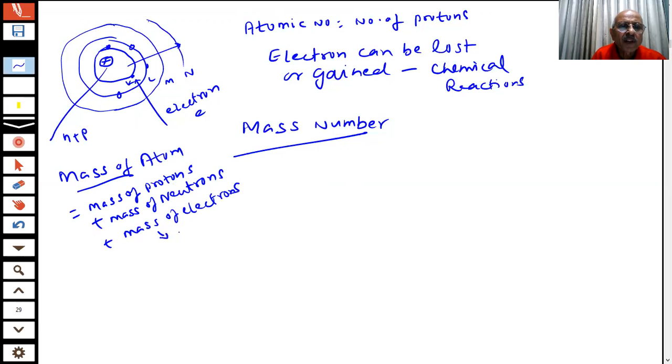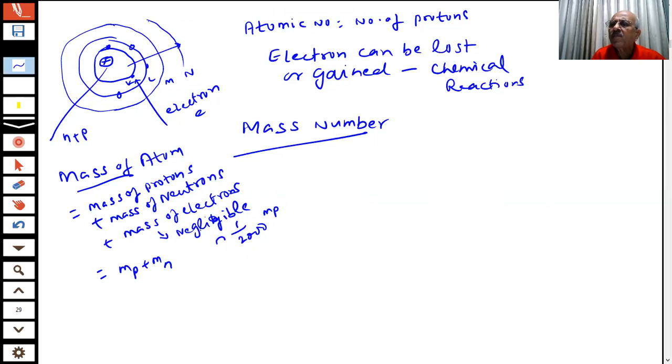Yes, sir, this is negligible. It is 1 by 2000 times that of a proton or neutron. So I can neglect this when I add. I may say the mass of an atom is equal to the mass of protons and the mass of neutrons.